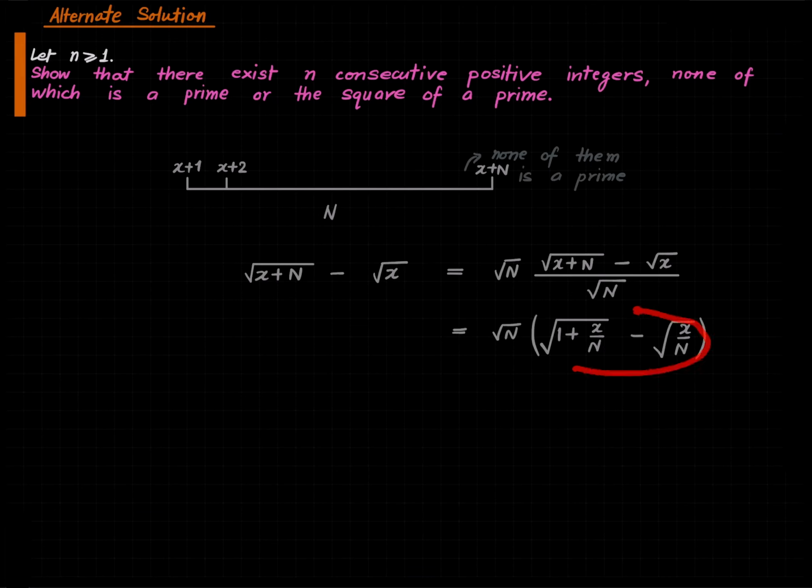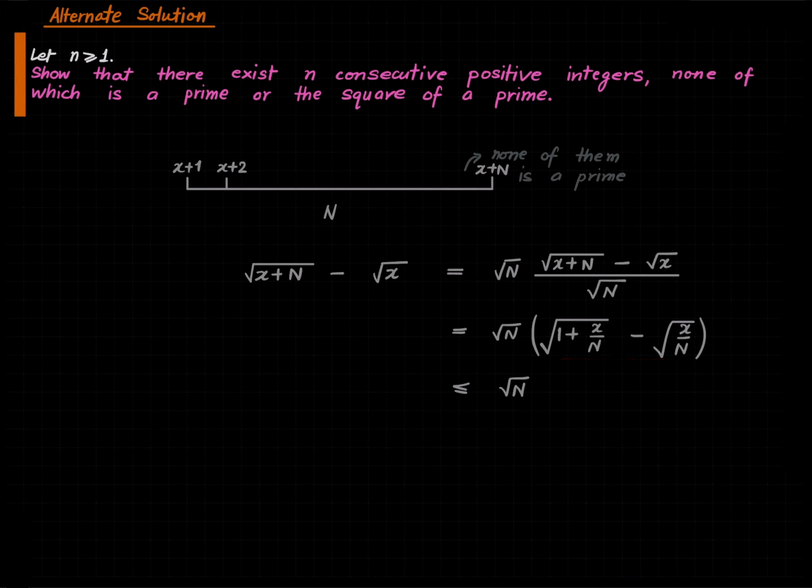And this cannot be a big number, right? You have some number, whatever this might be, you take the square root of it, or you take the square root of 1 plus it. This difference cannot be big. And a very easy argument shows that this is at most 1. So we can write that this is at most root N. This cannot be greater than 1.